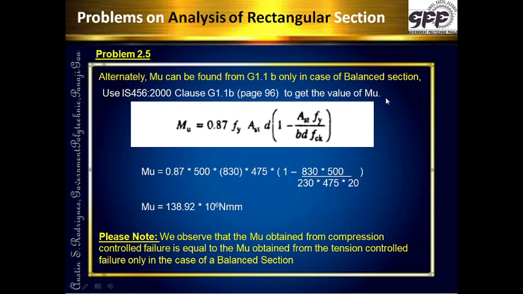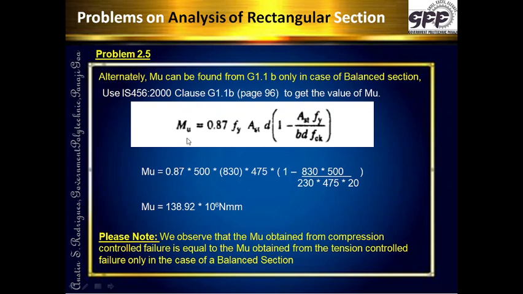Please note this is only in case of a balanced section, because we understand that in a balanced section both the materials, the steel as well as concrete, reach their yield stress together. They reach their maximum capacity together. So we can find out the maximum bending moment, that is the ultimate bending moment which it can resist, even from the tension control side.